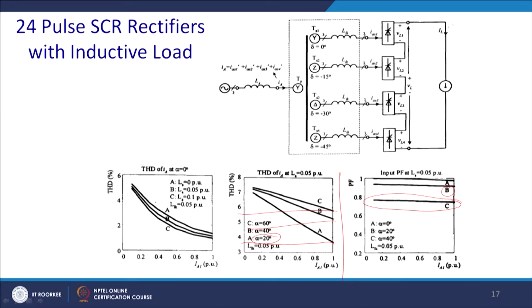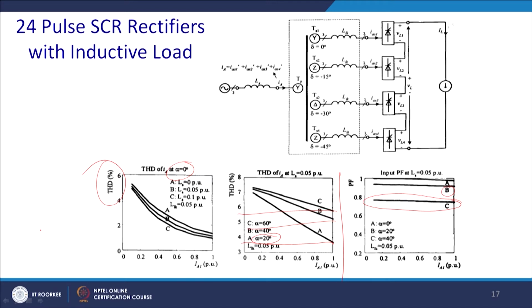Alpha equal to 0 is not the case we generally prefer. Otherwise you can see these variations, almost the same variation you will find in the series inductive load.